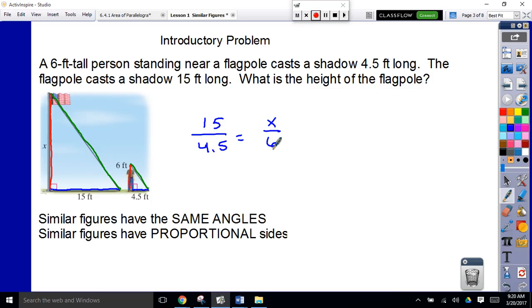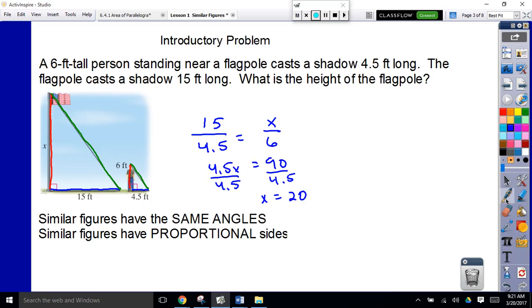So the answer is 20. Can you tell us what you did to get 20? 15 times 6. Okay, and what is 15 times 6? 90. Okay, so we have 90 equals 4.5x. Then when you divide by 4.5, is that when you got 20? Yeah. Okay, good. Because 45 goes into 90 twice, so 4.5 would go into 20.